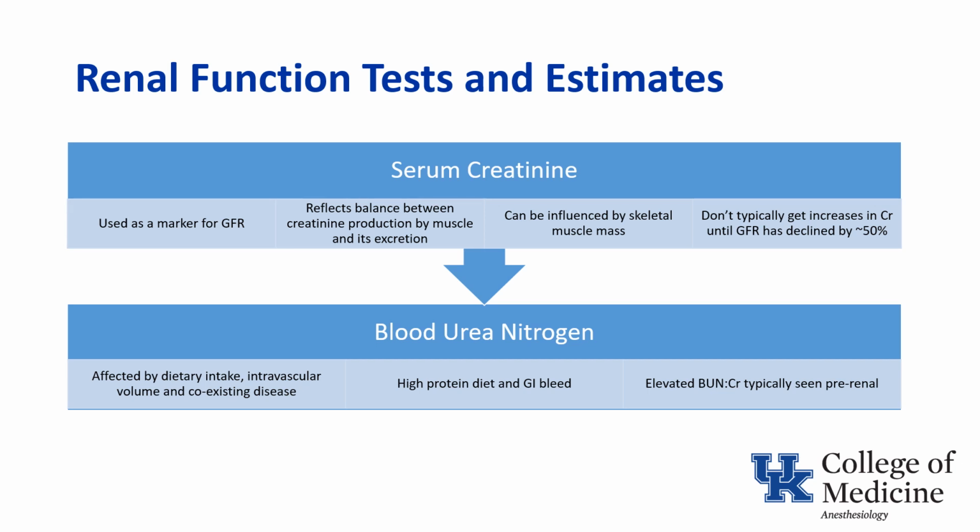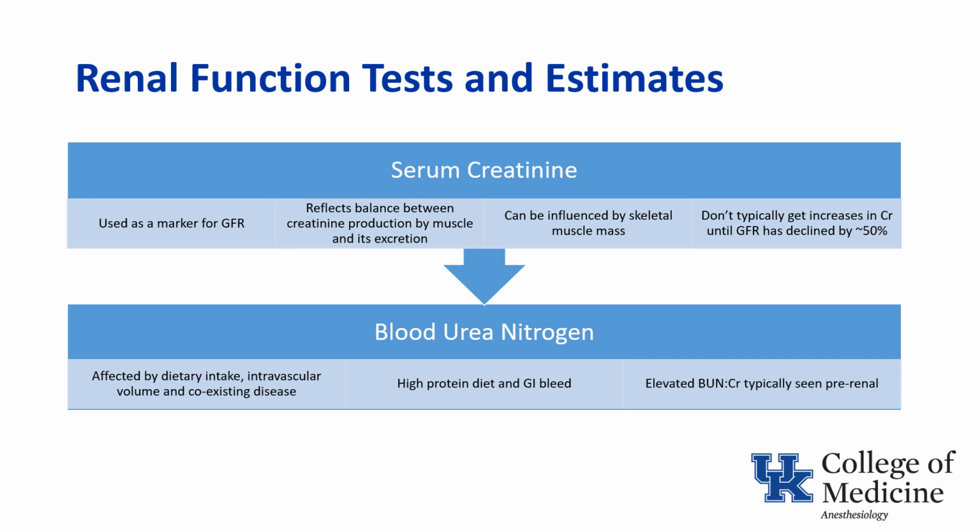So you can imagine an elderly person, little old lady, who probably does not have much skeletal muscle mass, might have a normal looking creatinine by the lab test, but her GFR will actually be decreased by that point. Blood urea nitrogen, or BUN, is another method that we use to gauge kidney function. It is also affected by a couple exogenous things like how much protein we take in, right?